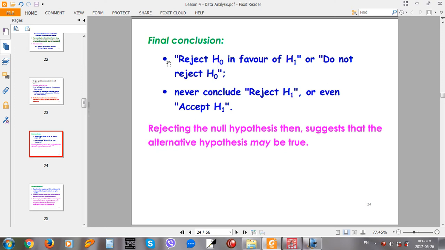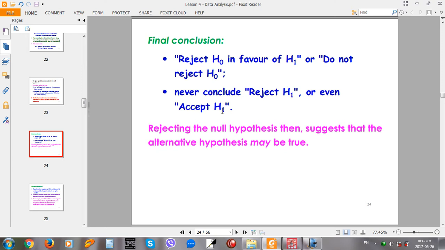Now keep in mind, you have to reject or accept the null hypothesis based on the statistical results we gain from our statistical test. Never conclude that you reject the alternative hypothesis, or accept the alternative hypothesis. We are not doing it that way.